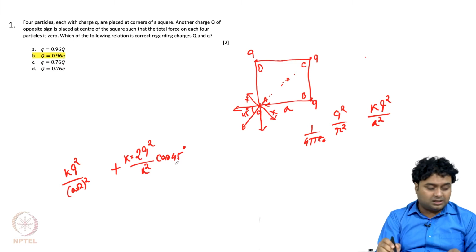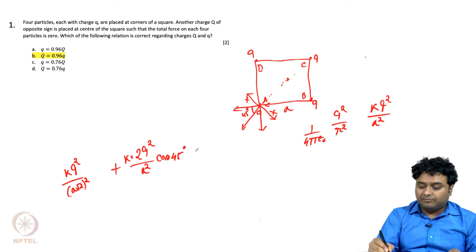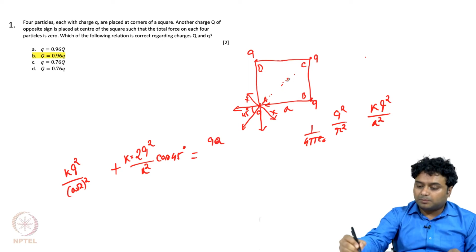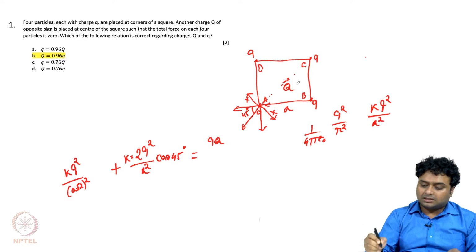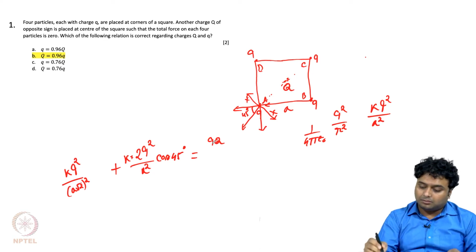So, this is the repulsive force, and for the total force to be 0, the attractive force also has to be the same. The capital Q charge is at the center, and it is opposite in sign with respect to the small q charge.